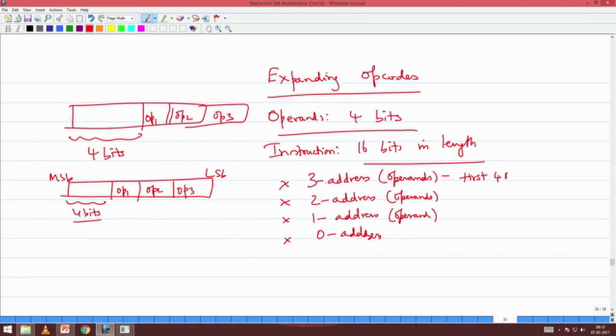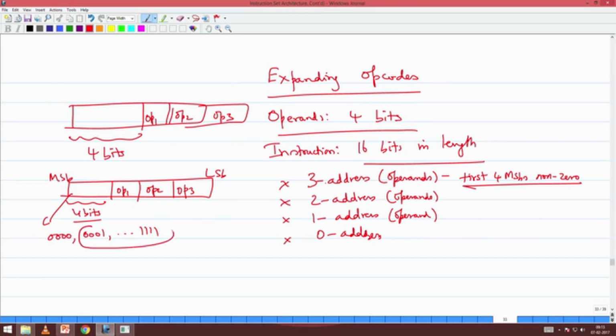First 4 MSBs non-zero, right. If the first 4 MSBs are non-zero, then it is a 3 address instruction. So I will have everything here, all things possible from 0, 0, 0, 1 to 1, 1, 1, 1.